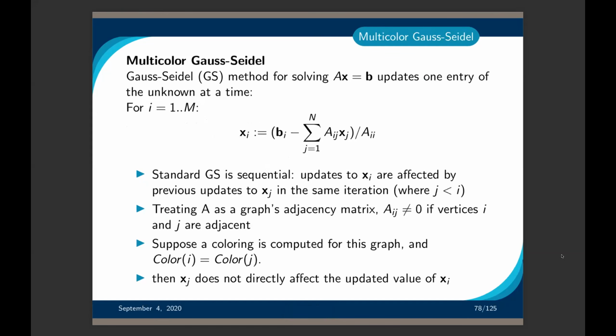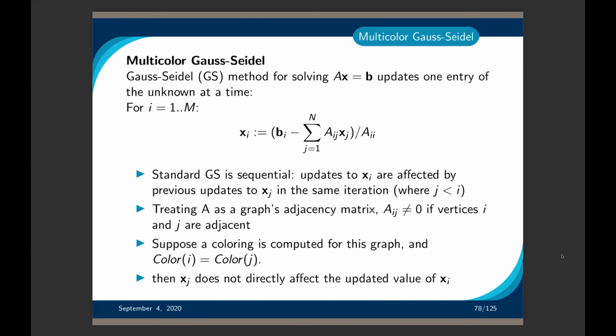So for each row, you compute the residual, which is the quantity in the parentheses, and then you divide by the diagonal. You take that value and put it into the x vector, and then that value will get used in all future rows in the same sweep. Because of that, this is an inherently sequential algorithm, because updates will be used later on other rows.